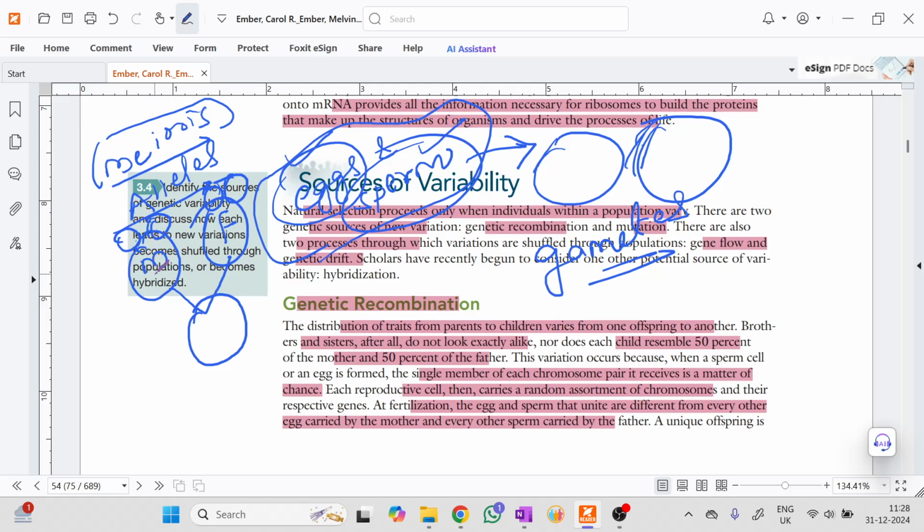So here is the inheritance of genes in the form of these alleles.